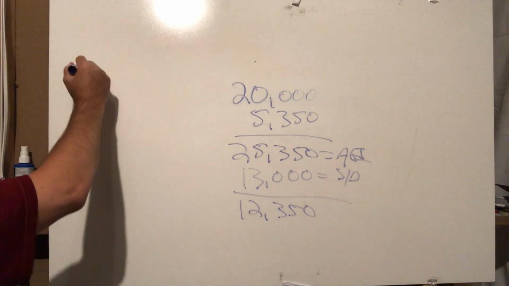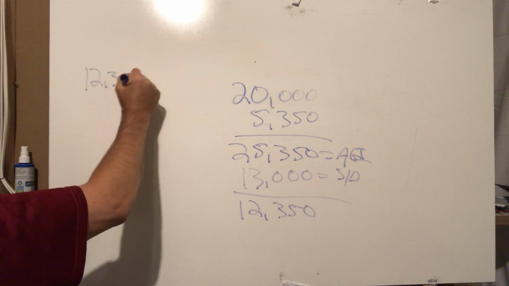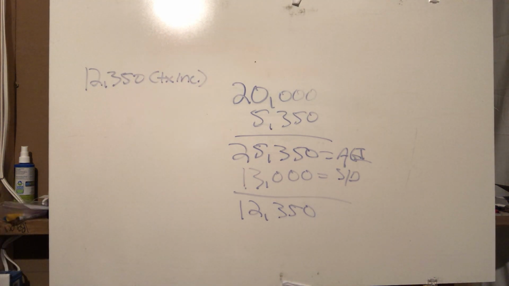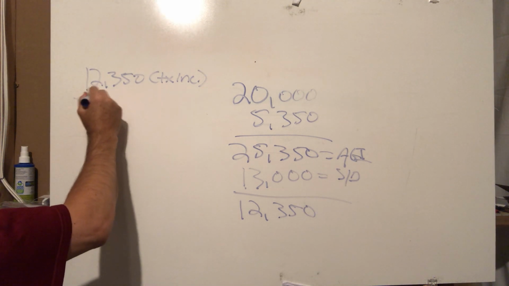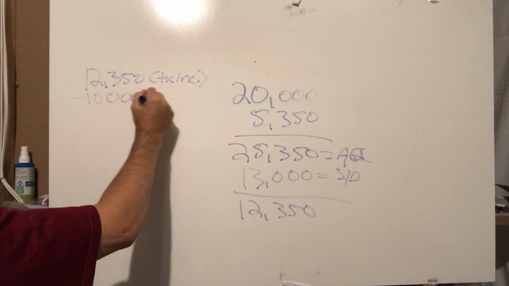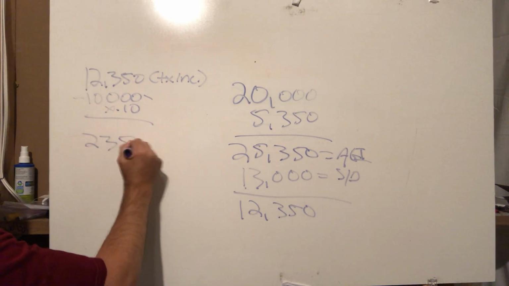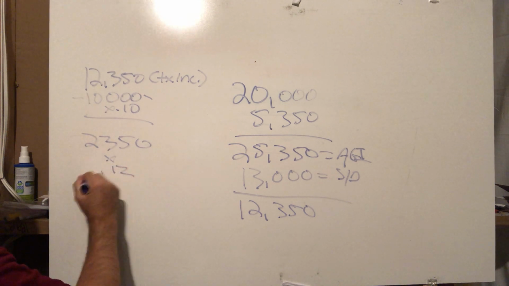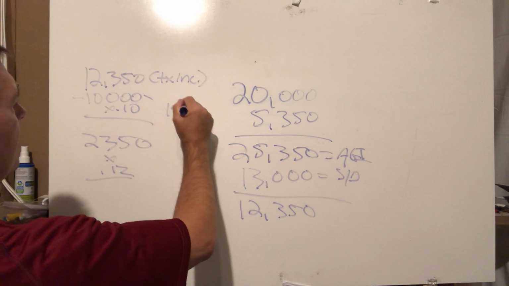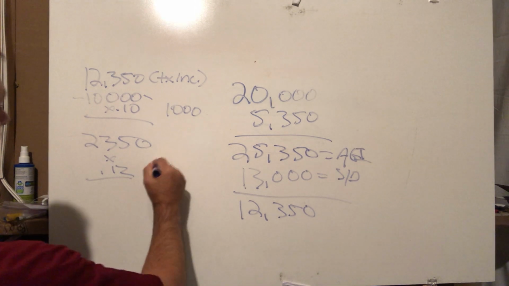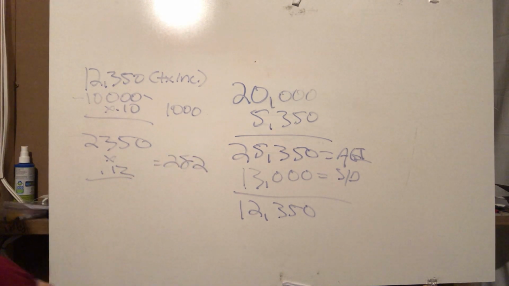I think the first 10,000 is subject to 10%, so 10,000 times 0.10, and then 2,350 times 0.12. That gives us $1,000 there, and 2,350 times 0.12 is 282.